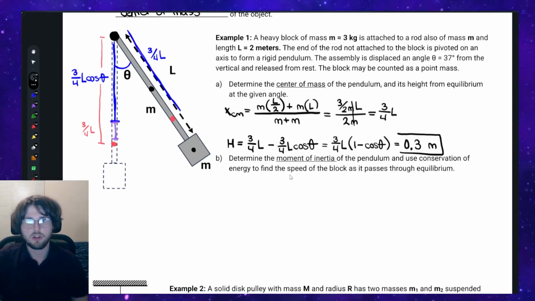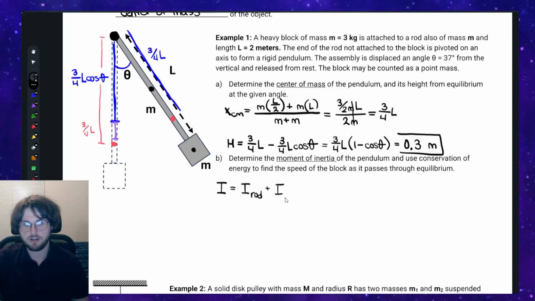The next thing we need to do is figure out the moment of inertia of the pendulum. This is important because we're going to be plugging it into our rotational kinetic energy formula later. So this pendulum is made up of a large rod rotating about one of its ends and a point mass, essentially at a distance L away from the pivot point. If we put all that together, that means that our rotational inertia is comprised of the rotational inertia of that rod plus the rotational inertia of the point mass.